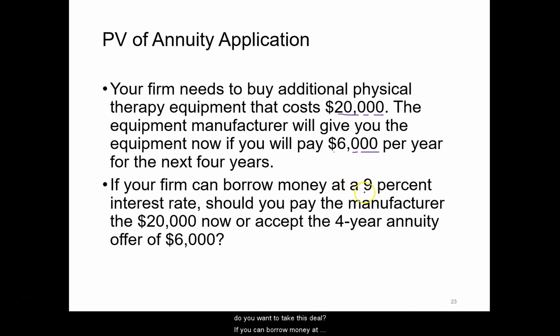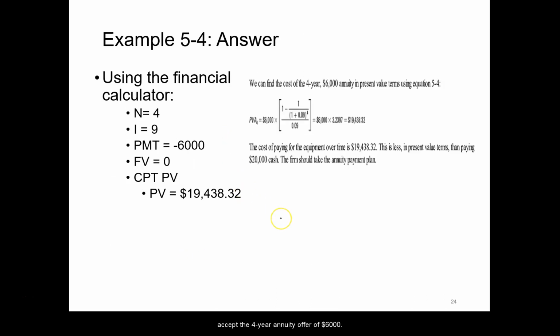If you can borrow money at 9% per year, then should you pay the manufacturer $20,000 per year now, or should you accept the 4-year annuity offer of $6,000? To think about that, you can try to calculate the present value of this $6,000 payment plan.